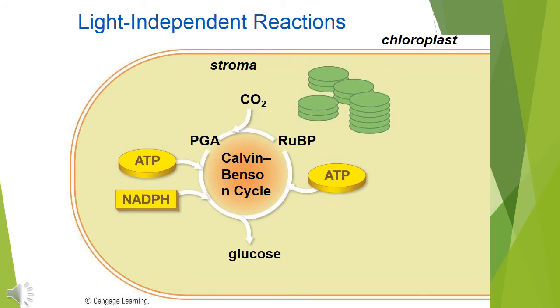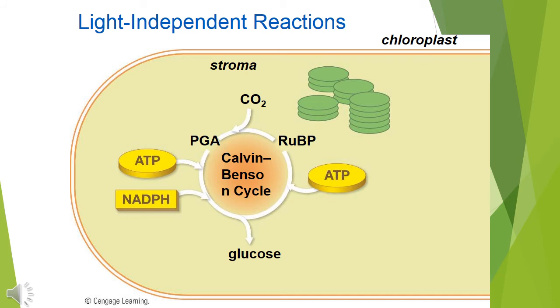So you can see on the left hand side we've taken the NADPH and the ATP, and we're going to enter them into this Calvin-Benson cycle. At the same time, we're taking in CO2 that comes into the chloroplast from the outside of the plant. Remember, CO2 is what we breathe out, and so that CO2 will be taken up by the plant, and it enters into this Calvin-Benson cycle as well.